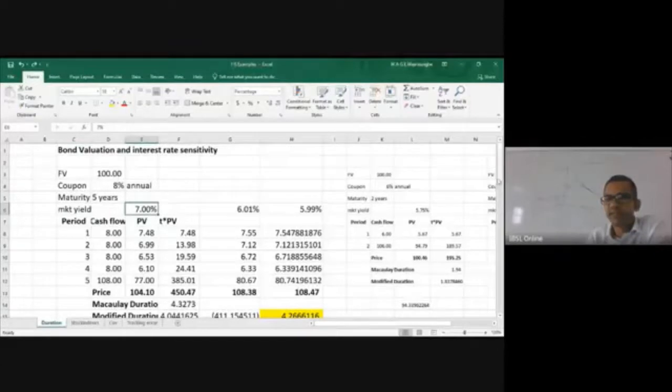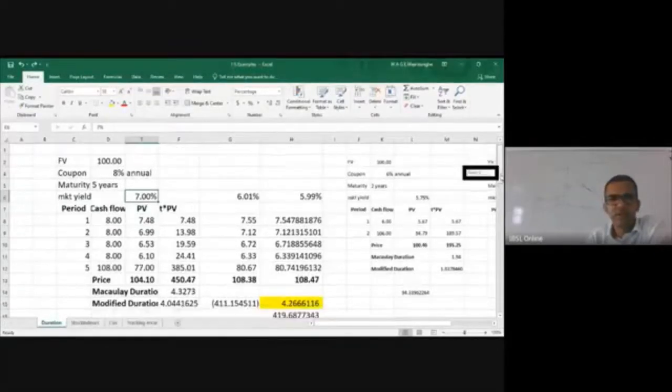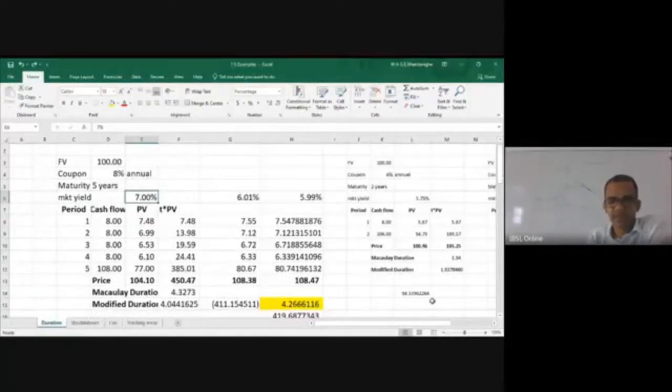In Excel, last week we discussed how to do the pricing. So first we need the time periods. Since it's annual, we have 1 year, 2 year, 3 year, 4 year, 5 year, timing from 1 to 5.